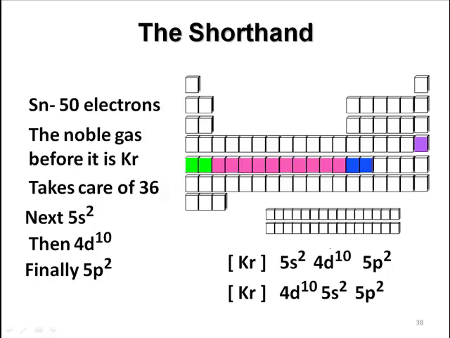So which 4 do you think it would lose first? 5p2 and 5s2, because they are at the highest energy level. 4d is at a lower energy level, even though it's written second, which is kind of confusing sometimes. So those 4 electrons are usually given up when tin becomes a 4+ ion.